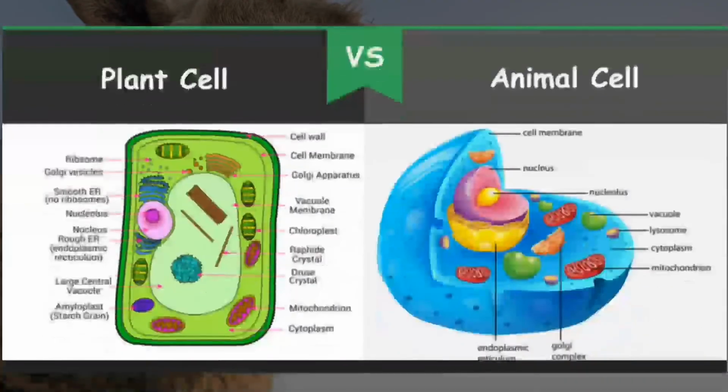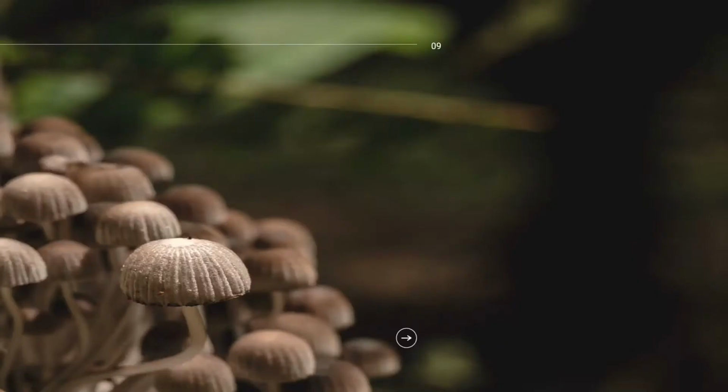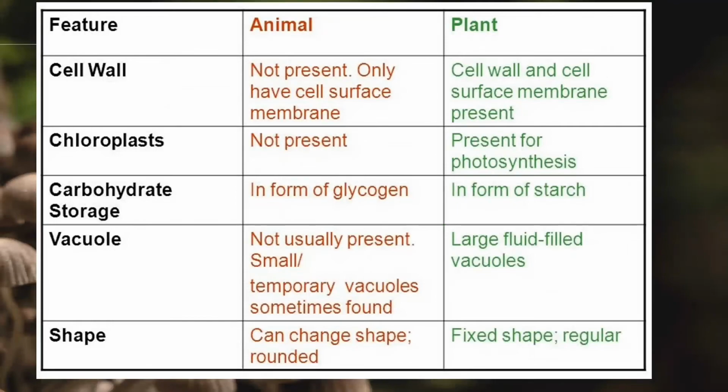So the first thing we talk about is based on their structure, which is the cell wall. Animal cells do not have a cell wall. Only plants have a cell wall.